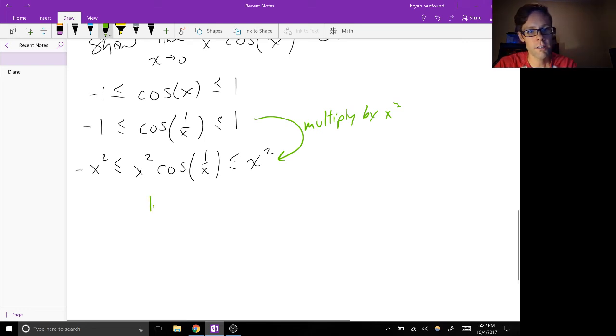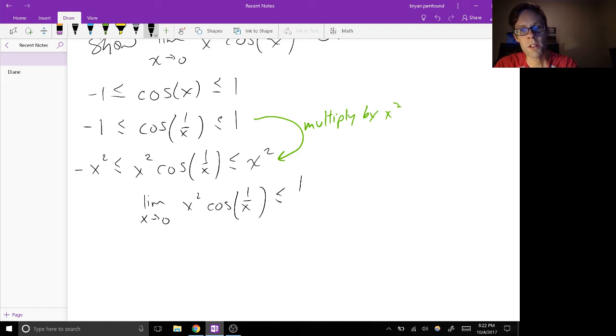Now let's figure out the limit of this function as we get close to 0. It's going to be bounded above by the limit of x squared, and bounded below by the limit of -x squared as we get close to 0. We happen to know these two limits. I can just do direct substitution.